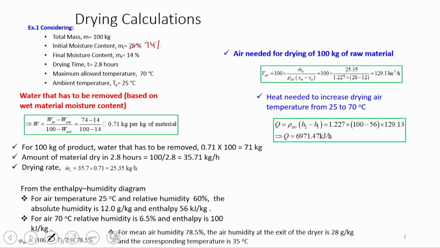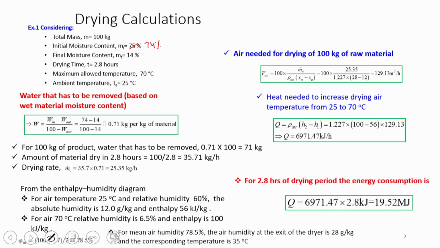I have the chart, but I am cutting it short because you are already aware of how to calculate it. So, what we really need is the Q value, which is the heat needed to increase the drying air temperature from 25 to 70 degrees Celsius. Once you know the enthalpies and the density of air, you can find out the amount of energy required. These two are at two different enthalpies, because the enthalpies are functions of temperature, right.